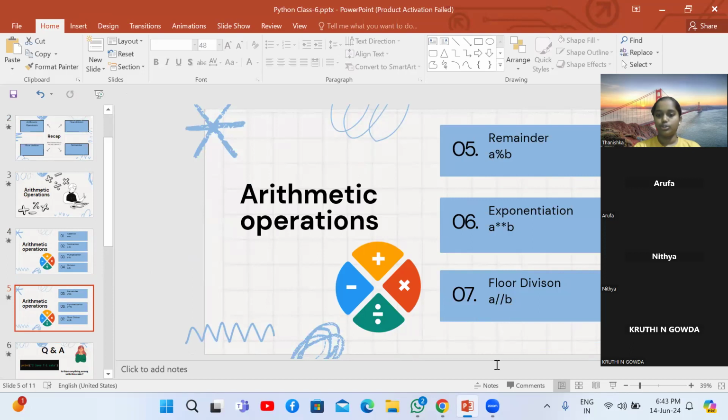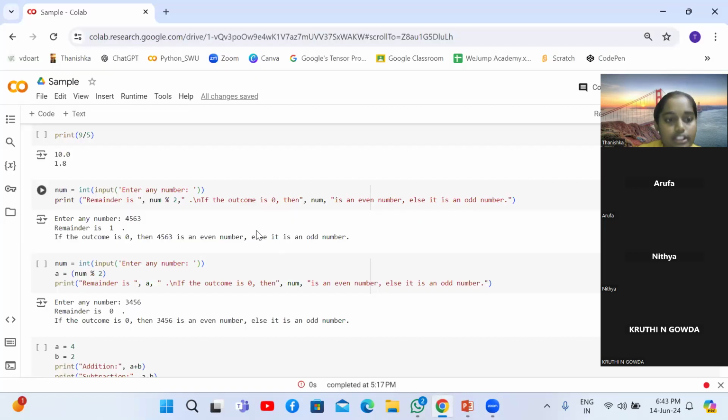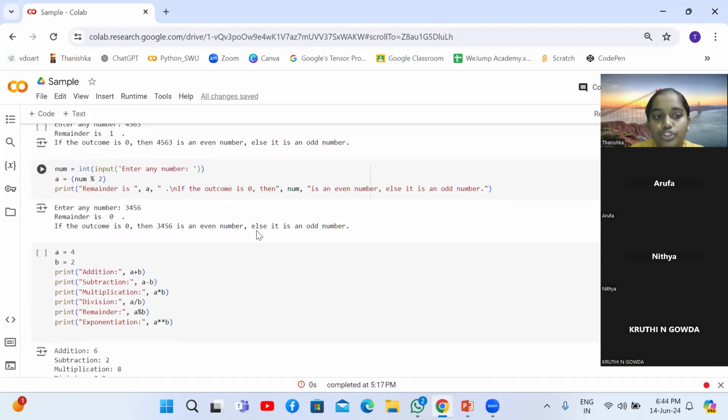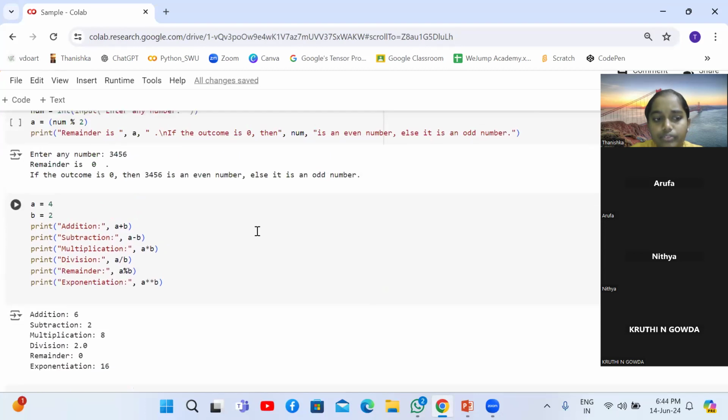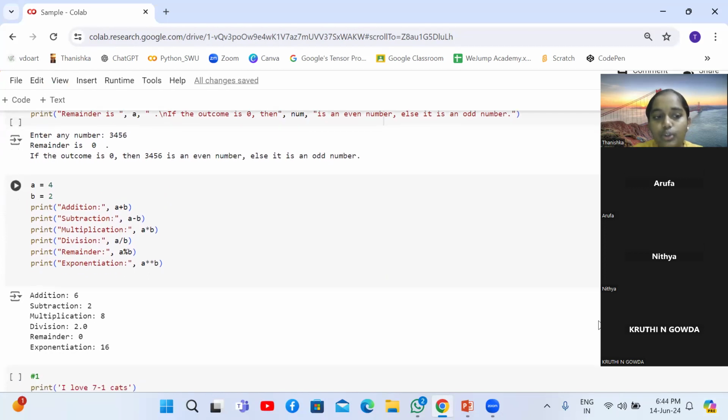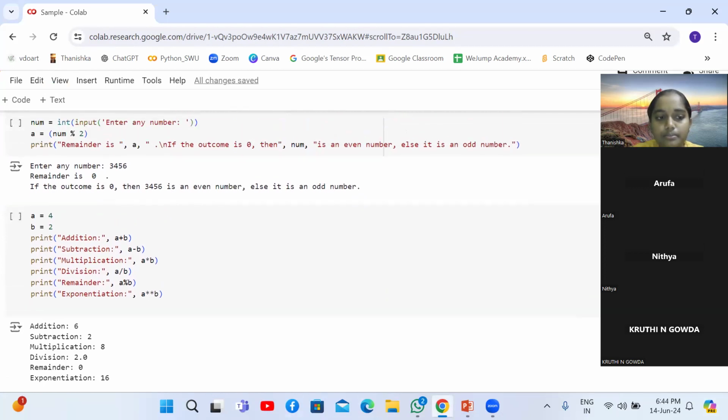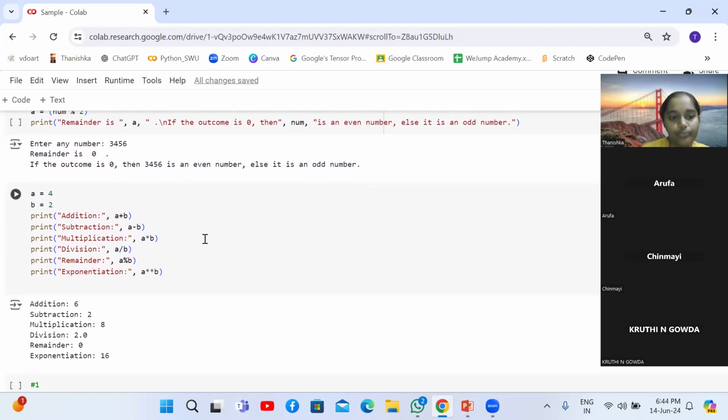Can you guys see the Colab, the code which I have written? Okay, so A is equal to 4 and B is equal to 2. All these things you guys already know, right?